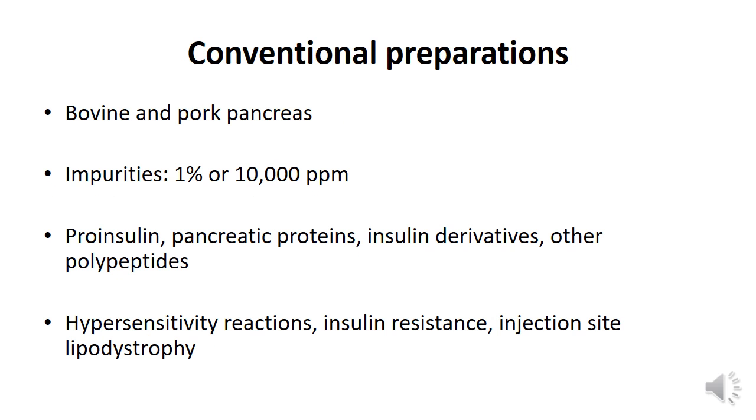The conventional commercial preparations of insulin were derived from animals, that is the bovine and the pork pancreas. The impurities were very high, up to 1% or 10,000 parts per million, in the form of proinsulin, insulin derivatives, pancreatic proteins, and other polypeptides.